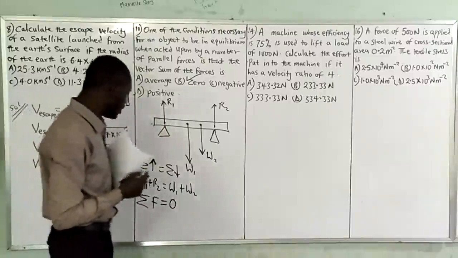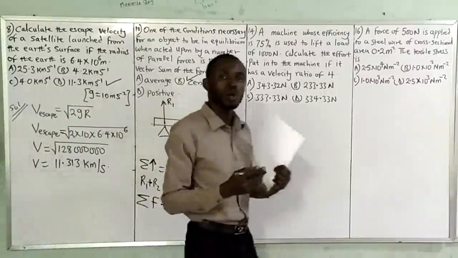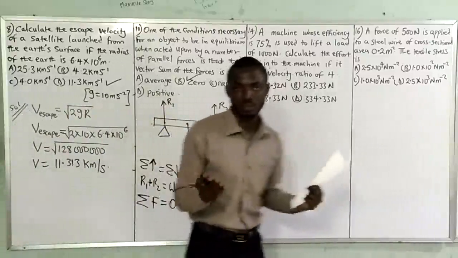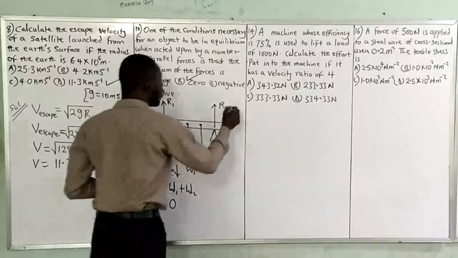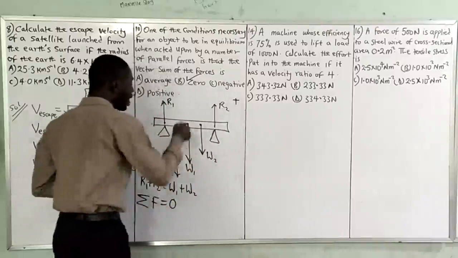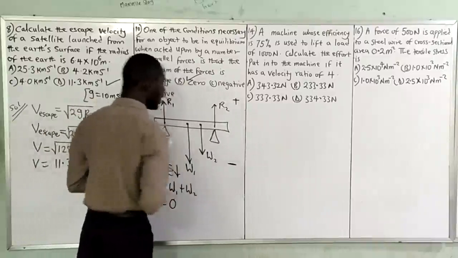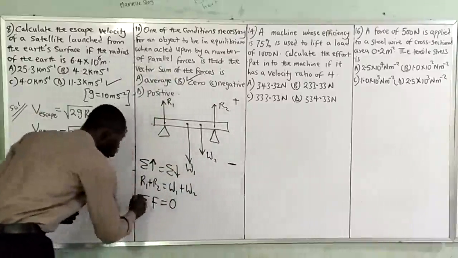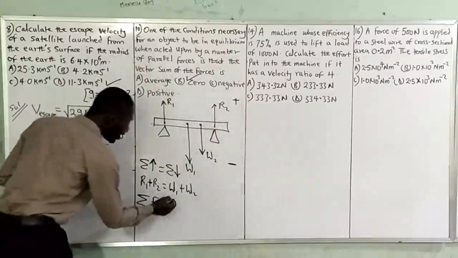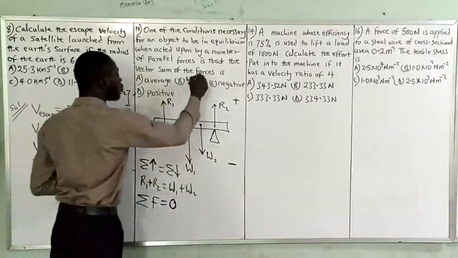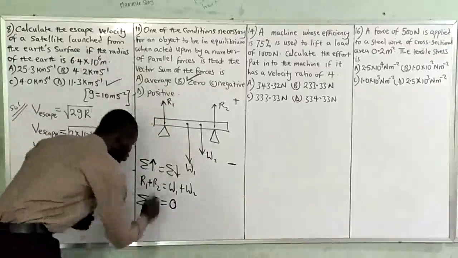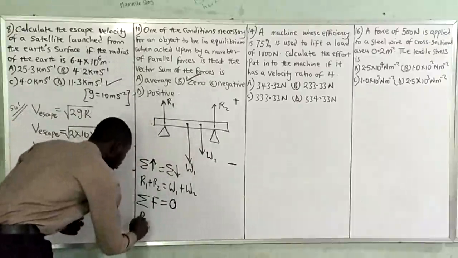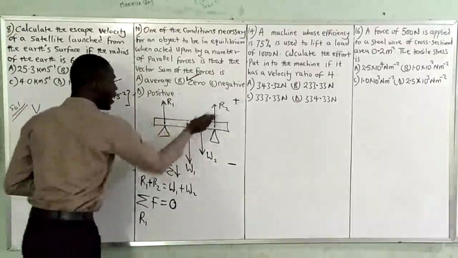Then I will decide which one will be positive and which one will be negative. Obviously, I can say let the one going up be positive and let the one coming down be negative. Since I say the sum of all forces is equal to 0, that is why I pick this option as 0.